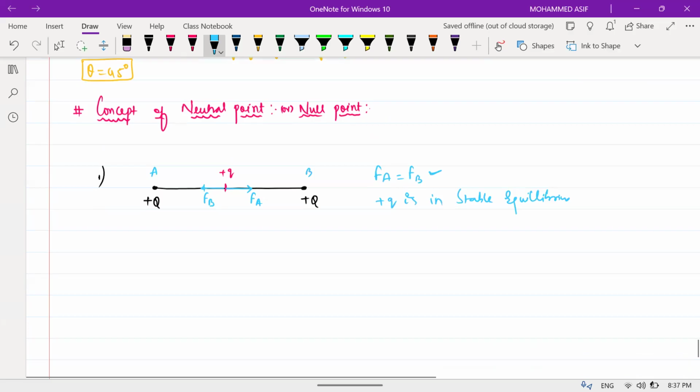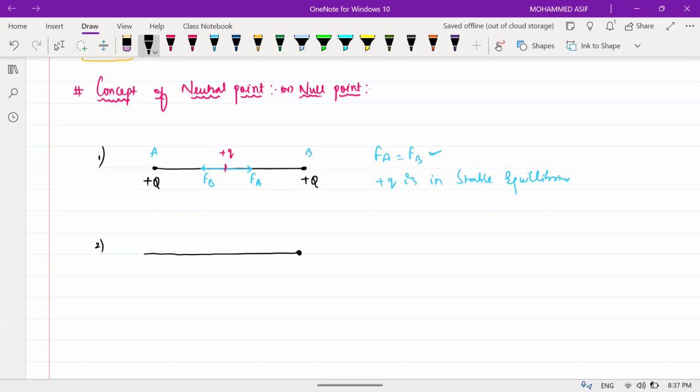Am I clear? Yes, sir. Now see, same situation. If I keep a negative charge, now think and tell me what happens. Here I am taking plus Q, and here also plus Q, and in the middle, if I take minus Q exactly in the middle, now tell me what happens.